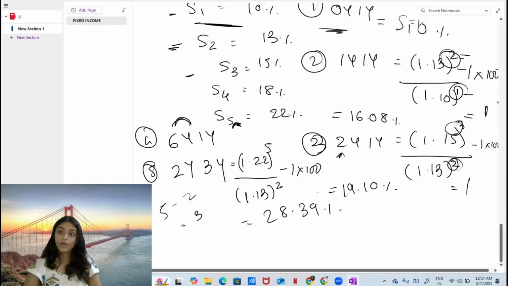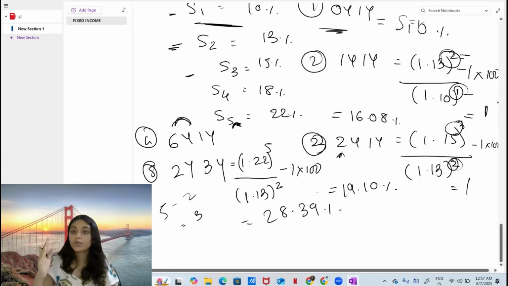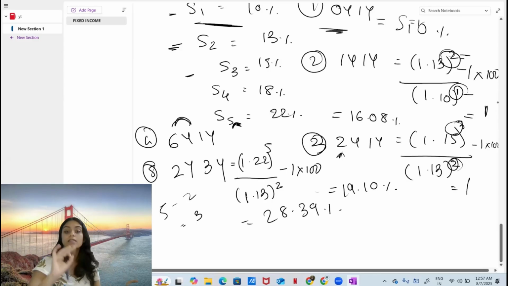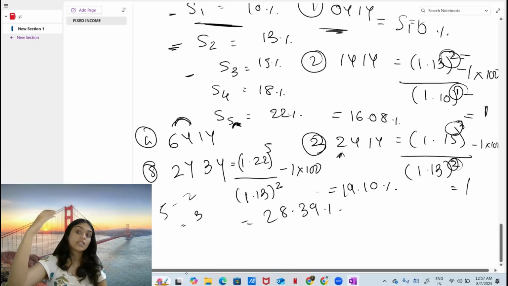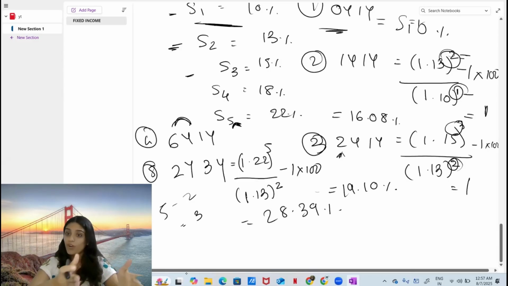This is your forward rate after 2 years, for 3 years. This is how you calculate a forward rate where the difference between the powers, 5 and 2, is more than 1. Then you have to use this trick.